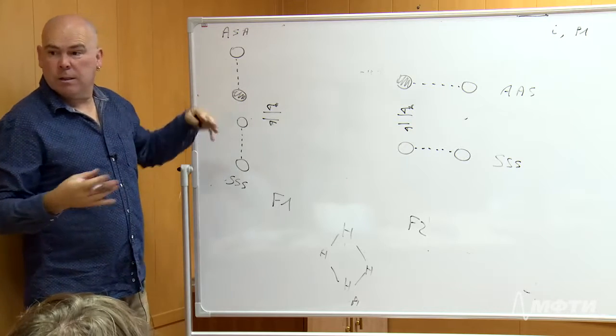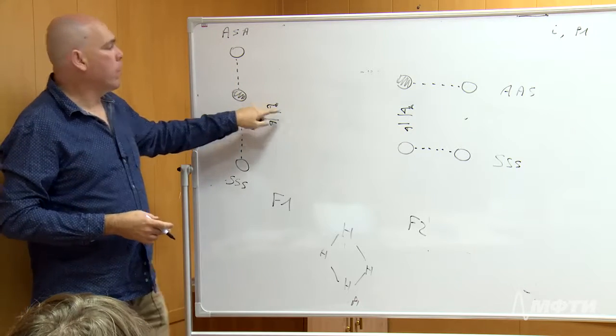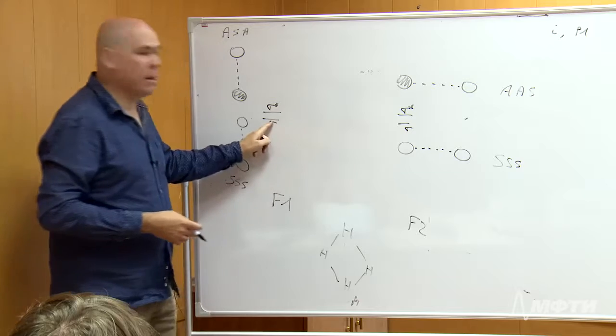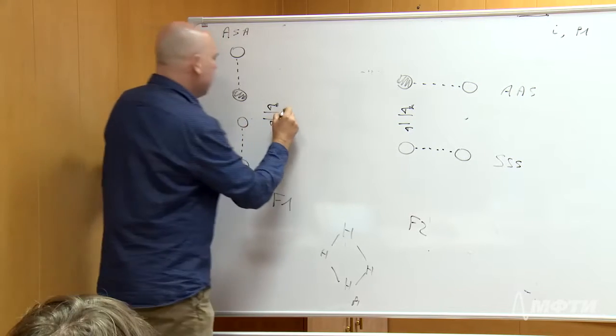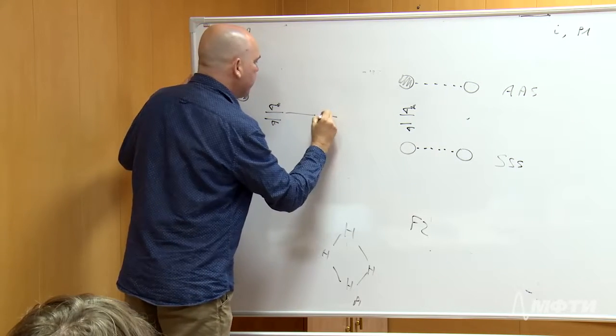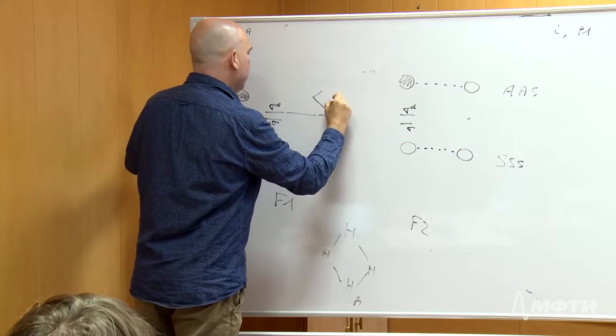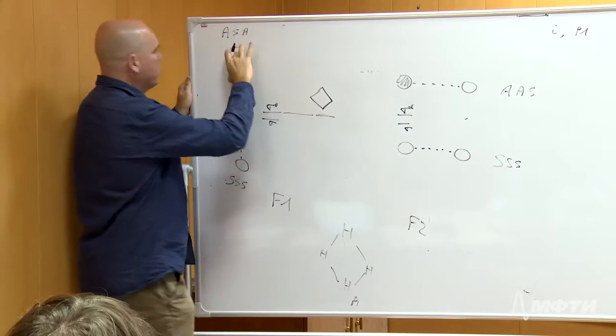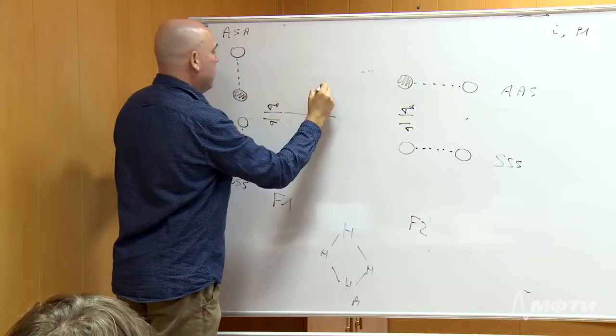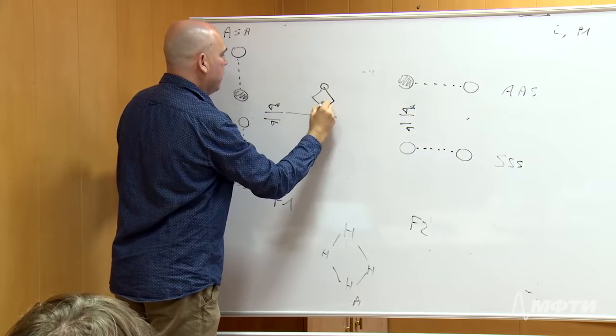So we know what it's doing. This orbital is orthogonal to this one, and this one. So it will stay exactly at this level. You agree? Yeah. So I draw now my square, and I put the coefficient here, here, and here.